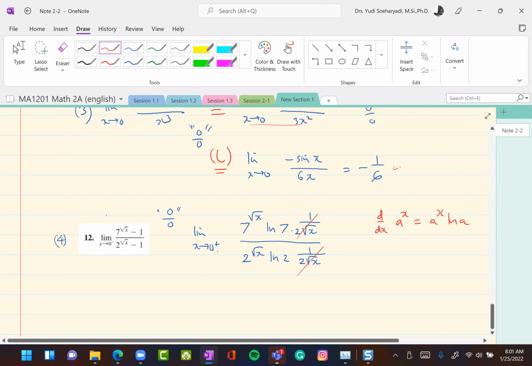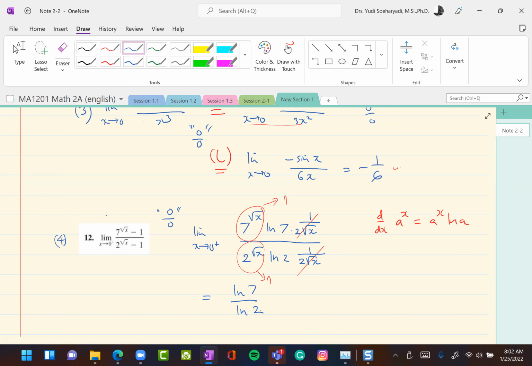And this has a limit now, because this is going to 1. This ln 7, the limit is ln 7 over ln 2. Okay.